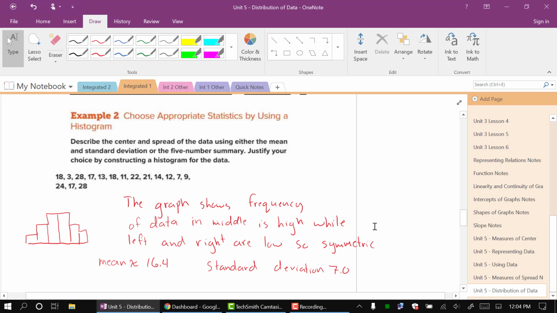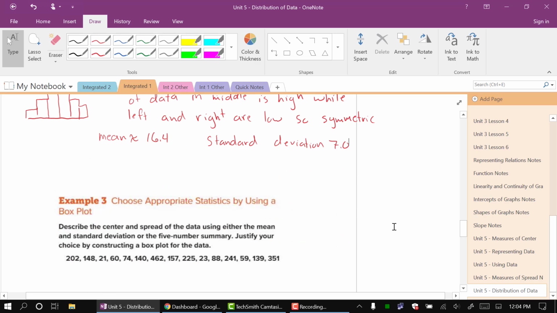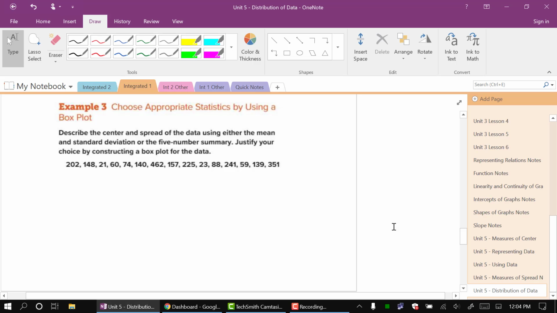Let's take a look at example 3. So this one was just a histogram. Example 3, we're going to make a box plot. So again, I'm going to rough sketch out my box plot. And the right whisker is longer or larger than the left.